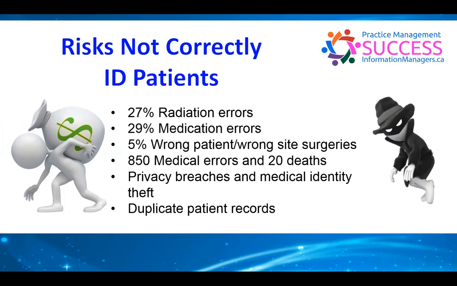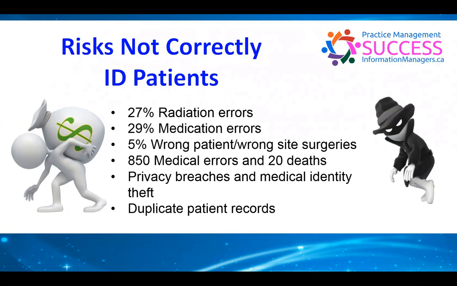So these statistics are shocking. Because patients were not correctly identified, 27% of all of the reported cases had radiation errors, 29% medication errors, 5% the wrong patient or wrong site for surgical procedures, 850 medical errors, and 20 deaths that followed blood transfusions when the patients were not correctly identified.